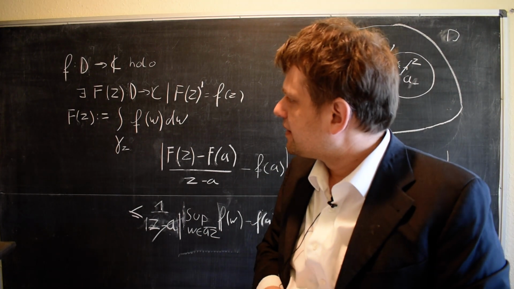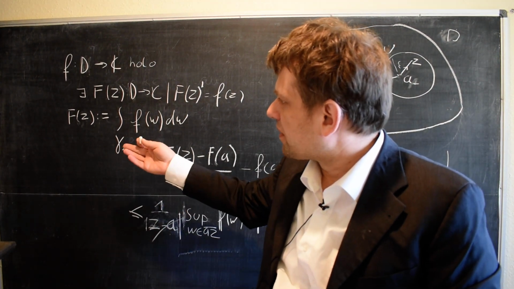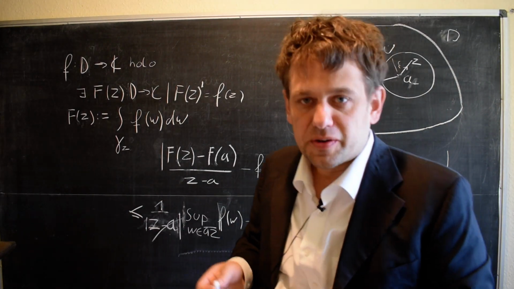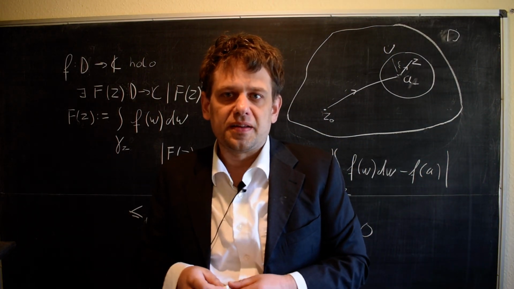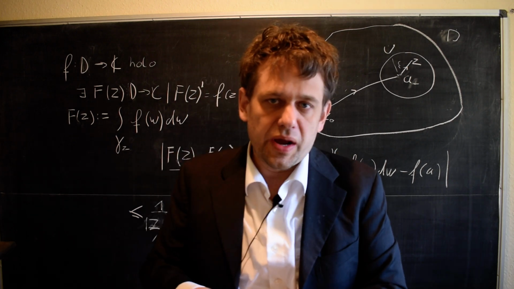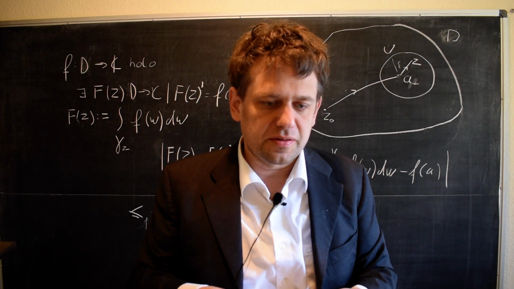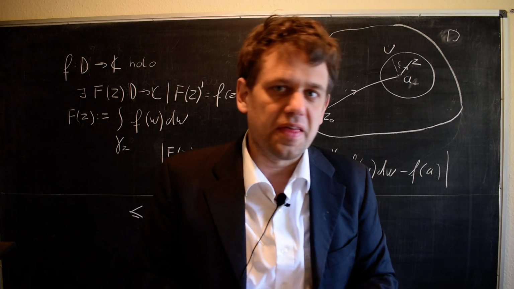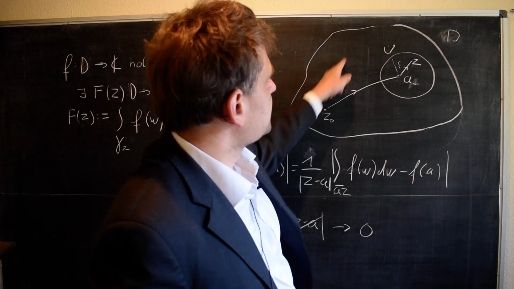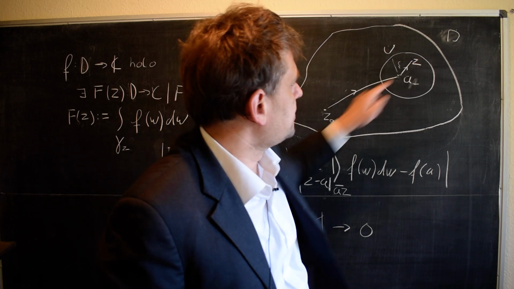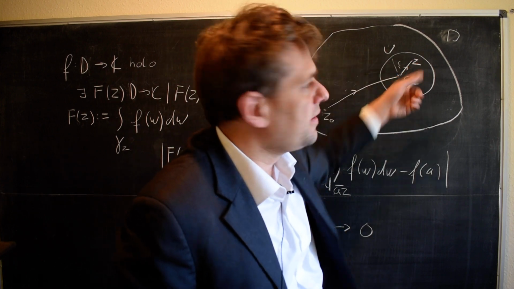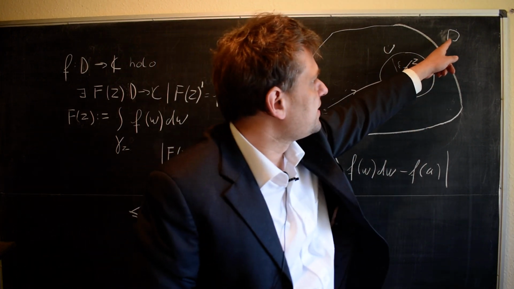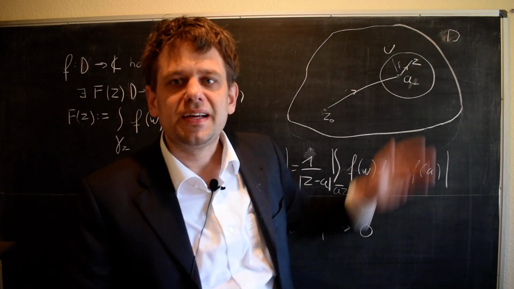And now you may ask, why are we allowed to do this? Because as you know, in the complex plane, there's in general more than one way to go from one point to another. So we might go this way from z0 to z, or we might go this way. And the good news is, because we have picked our domain to be simply connected, it doesn't matter.